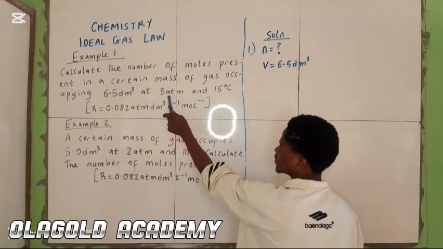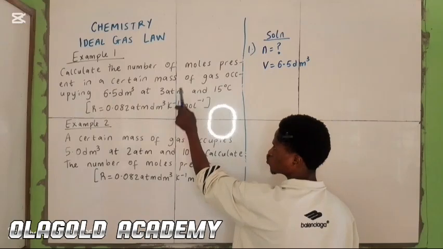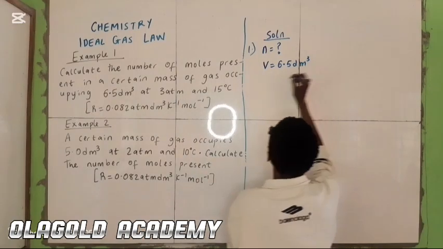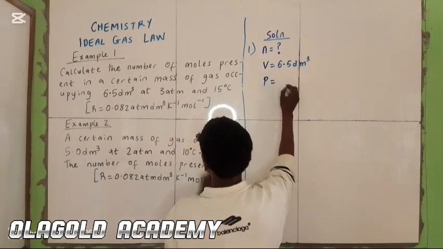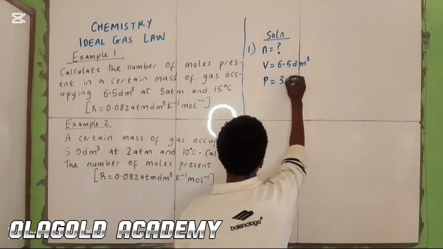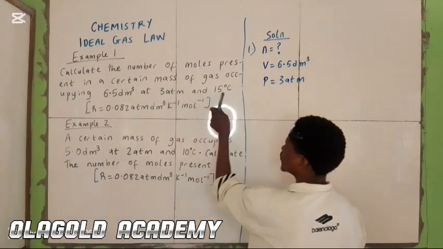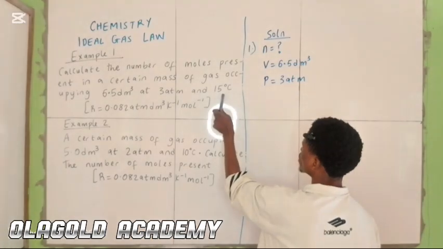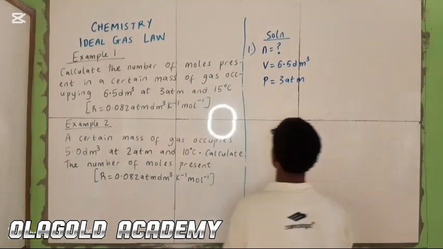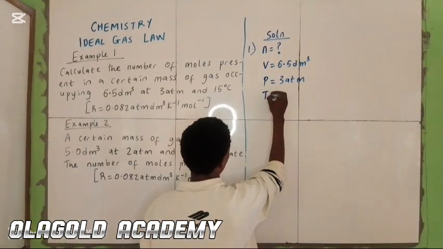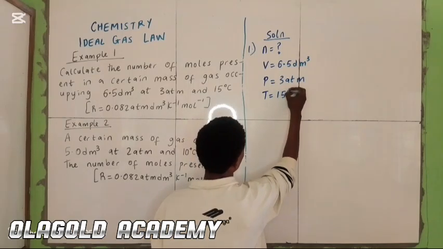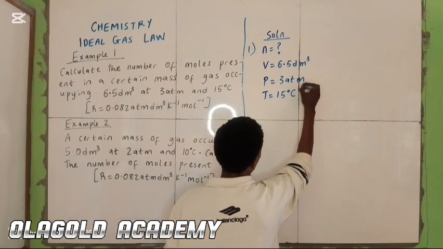At 3 atmosphere. We know that 3 atmosphere belongs to pressure. So we have pressure to be equal to 3 atmosphere, and 15 degrees Celsius. So we have our temperature to be 15 degrees Celsius.